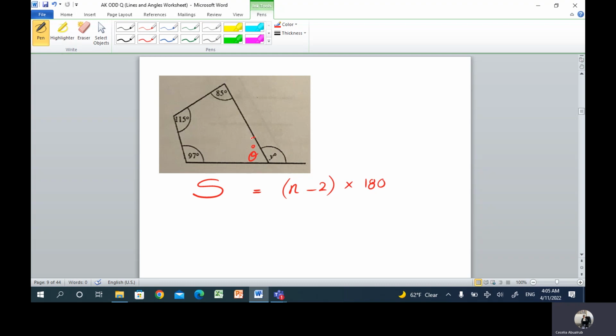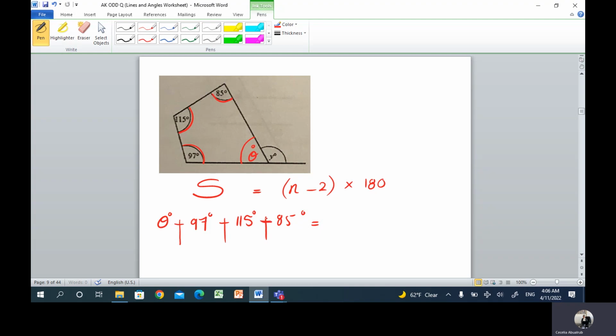So we will start with the unknown. We say theta is the first angle, plus the second angle, which is 97 degrees, the inside angles of a polygon, plus the third angle, 115 degrees, plus the fourth angle, which is 85 degrees, is equal to n, the number of sides of the polygon.